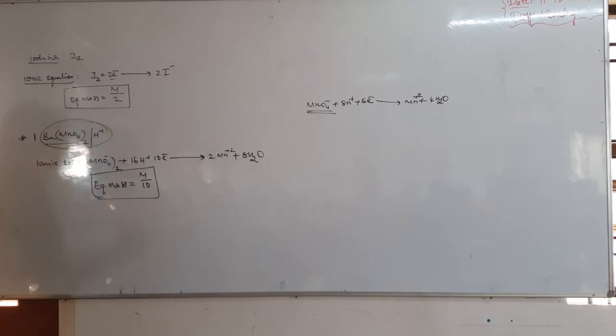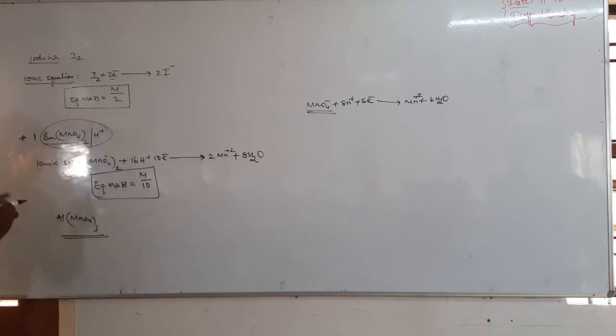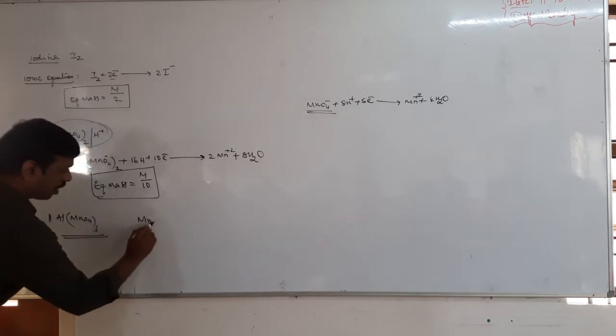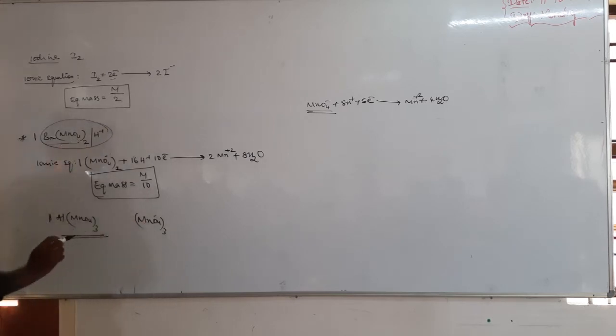Similarly, aluminium permanganate. This aluminium permanganate is 1 mole. 1 mole of aluminium permanganate has how many permanganate ions? 3. It is 1 mole only, but 3 ions. So I take MnO4 minus thrice.